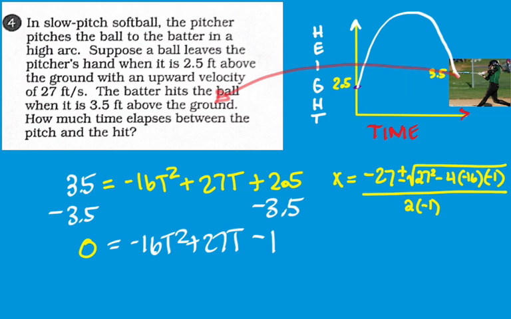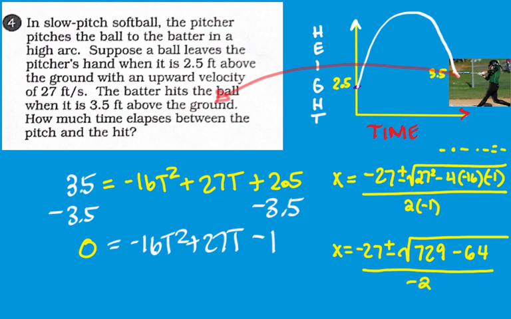And we just need to do the PEMDAS correctly, right? In this scenario, we're going to see a negative times a negative times a negative. So we're actually going to be subtracting 64, because -4 times -16 times -1 gives us -64. We subtract that, and we divide by -2, because 2 times -1.